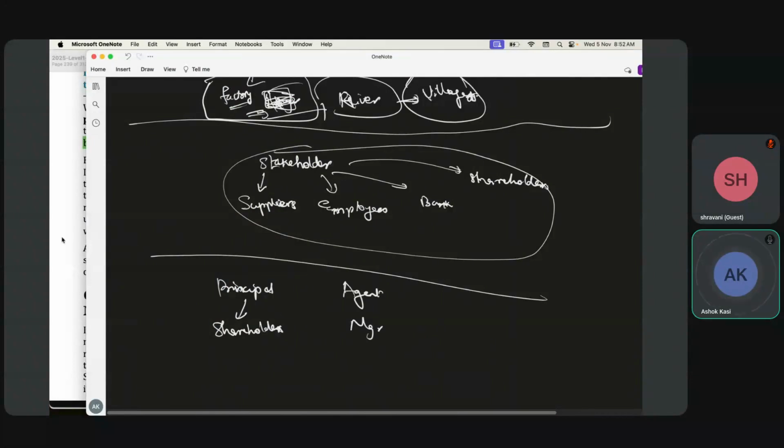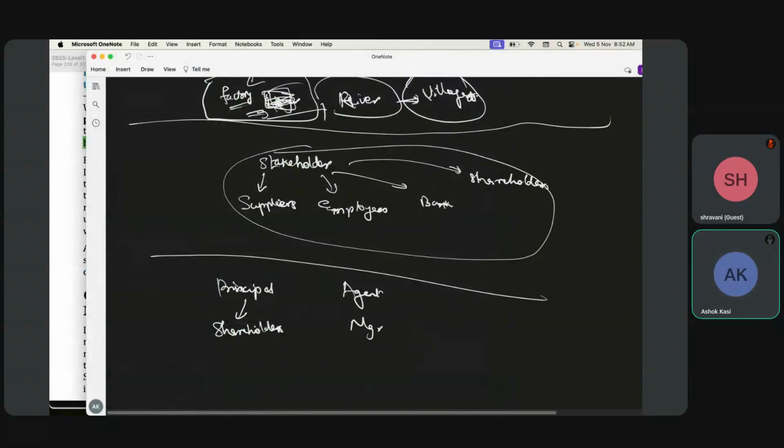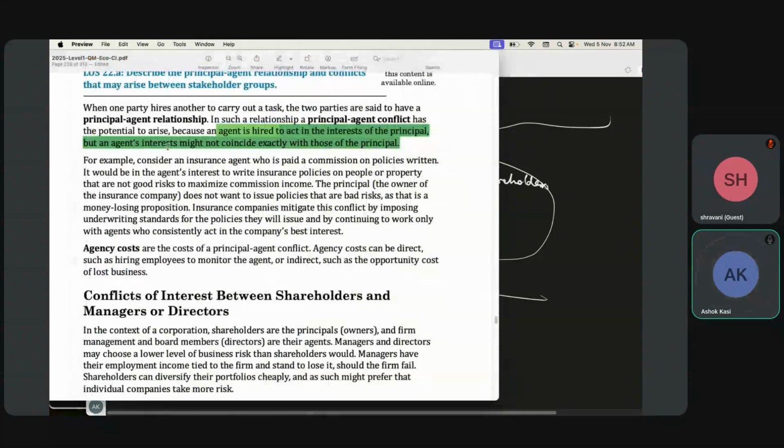In such a relationship, principal agent conflict has the potential to rise because an agent is hired. Agent means manager is hired to act in the interest of the principal. That means to make more profits for the shareholders. But an agent's interest might not coincide exactly with those of the principal.